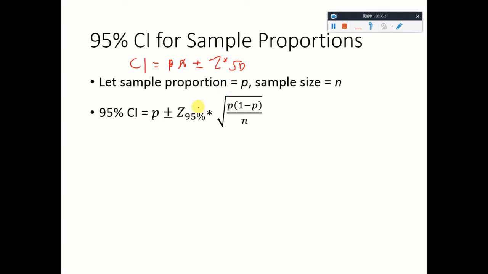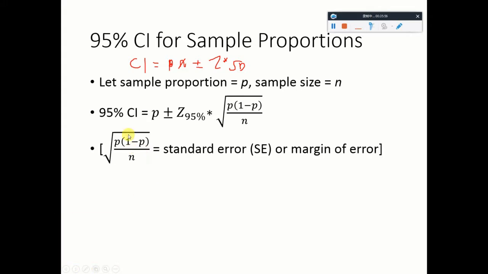Because now we're talking about proportion, we replace p for x, and then we need the formula to calculate the standard deviation for the sample proportion. It turns out that this is how we calculate it: p multiplied by 1 minus p, divided by the sample size, and we take the square root.